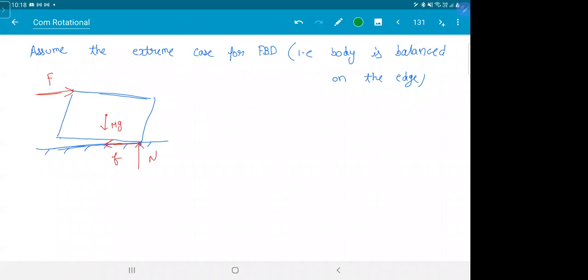Now, what about the perpendicular distances? I'm talking about the center now. If I extend this, the perpendicular distance would be b by 2. If I extend this, the perpendicular distance is also b by 2. For N, this perpendicular distance is a by 2. Maybe I'll draw another diagram for that.